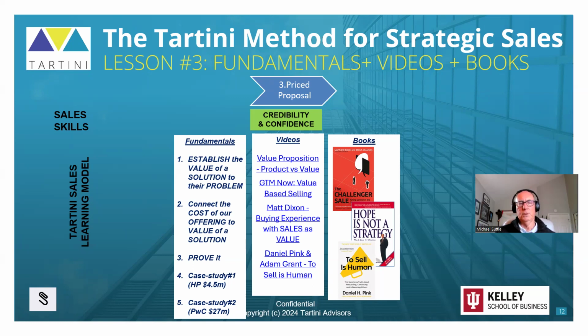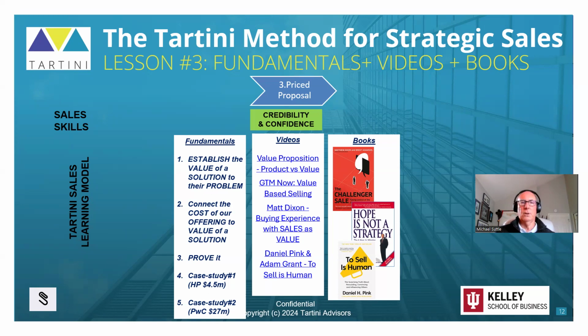Once we've established a common understanding of the value of solving these business challenges or problems, we can then, and only then, I would suggest, connect the cost of what we're offering to the value that they've already agreed to of solving something.